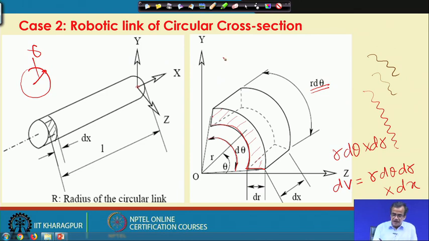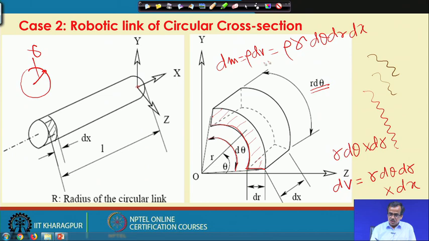If I want to find the differential mass, dm is rho dV, which is rho r d theta dr dx. So, this is the differential mass of this small element. Now, let us find its moment of inertia.